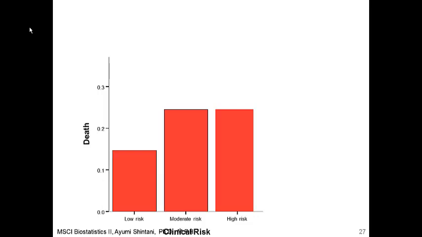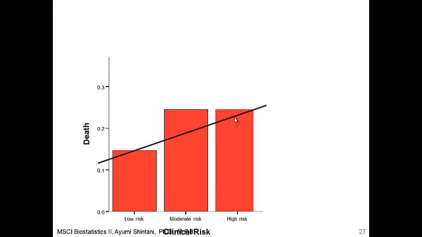But if your data looks different, and you conduct a linear trend test and fit a straight line, the test simply indicates whether this slope is 0 or not. So if you then say that from low to moderate and moderate to high there is the same increase in the odds of dying, you may reach a misleading result.